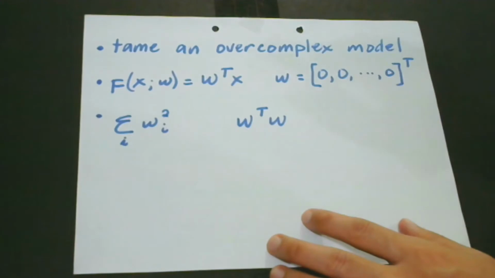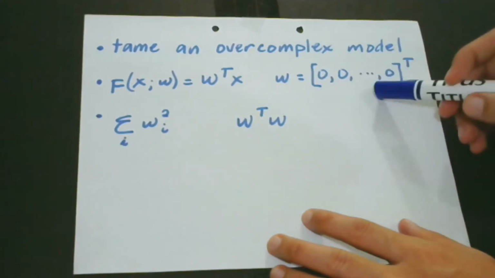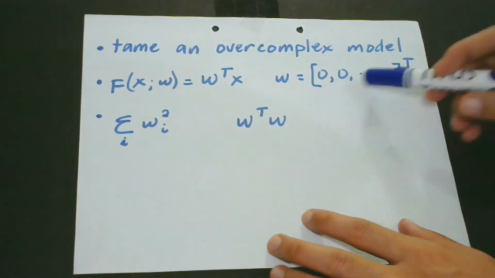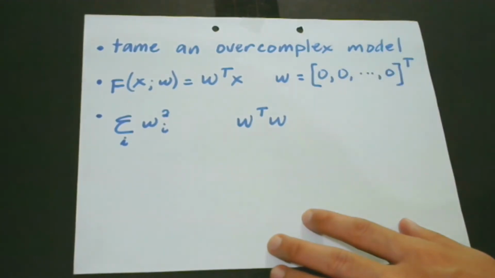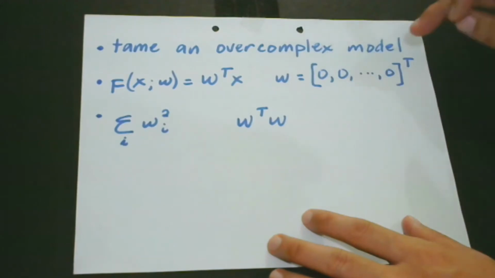For example, our parameter has the following values: 0, 0, 0, 0, 0, and so on and so forth. This kind of model is really very unusual. This is weird because w has a lot of values, but all of them are just 0.